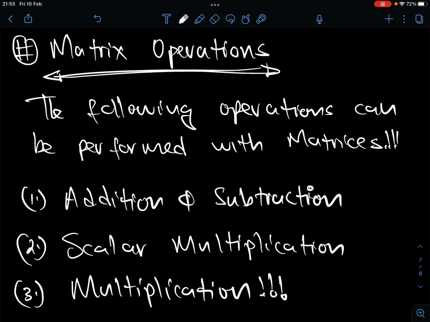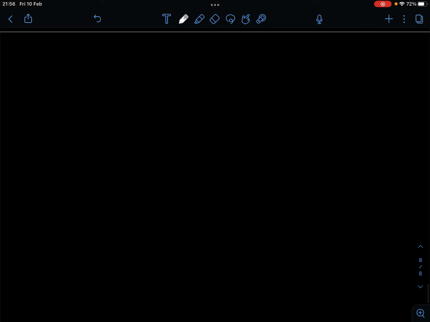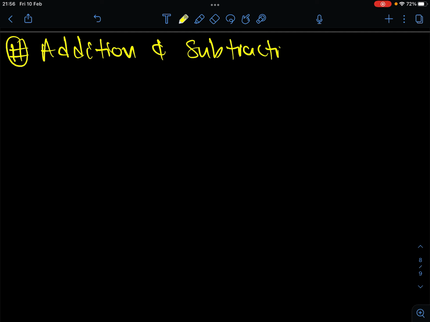So what we're going to do now is take a few minutes just to discuss all these operations briefly, to understand the do's and don'ts, and also how to actually go about conducting them. So the first thing that we'll talk about is addition and subtraction of matrices. So how do we add together matrices and how do we subtract matrices?